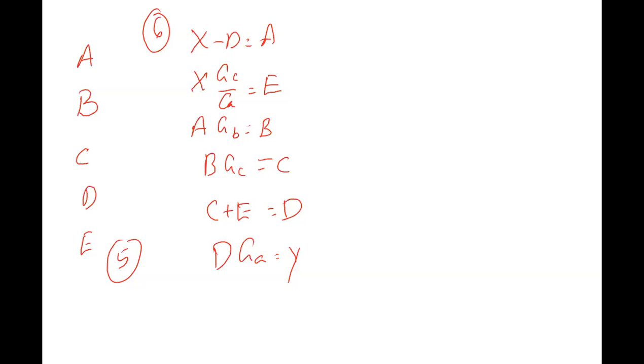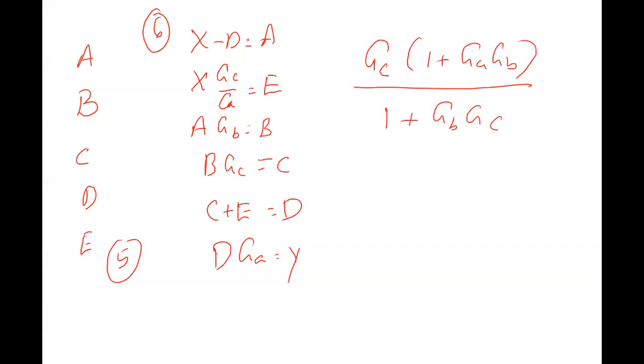You will get the same answer. The answer that you will get is GC, 1 plus GA GB, 1 plus GB GC.